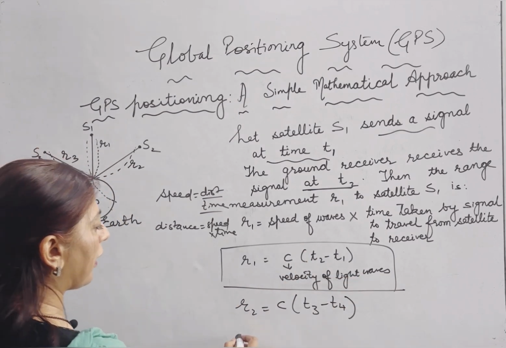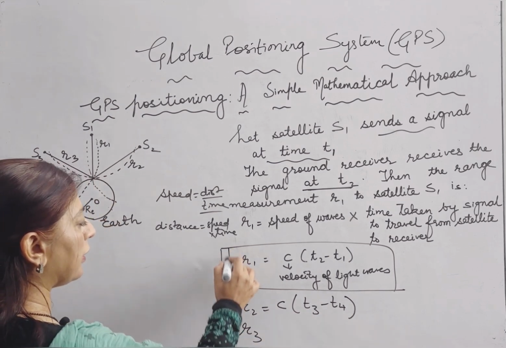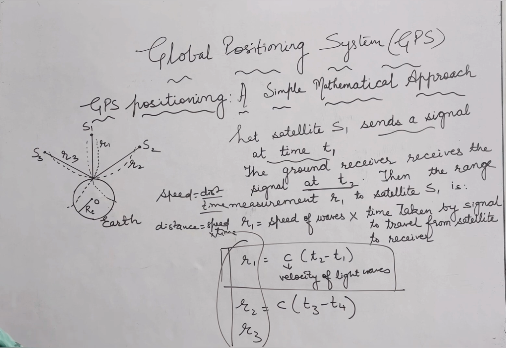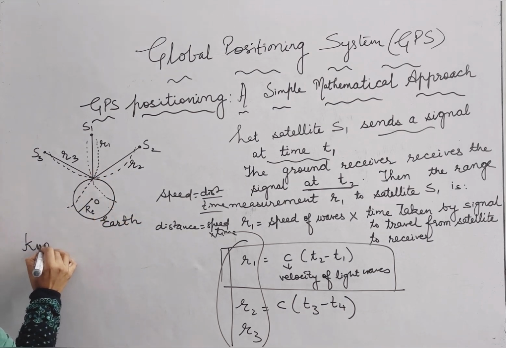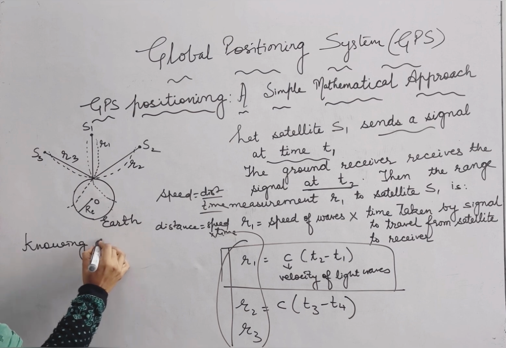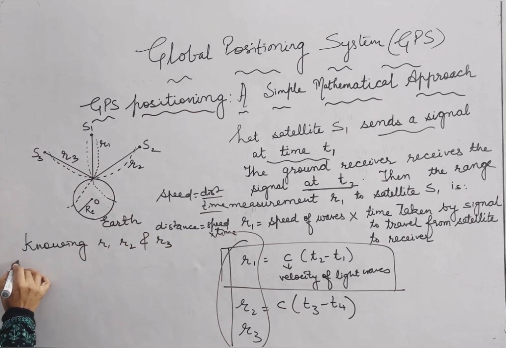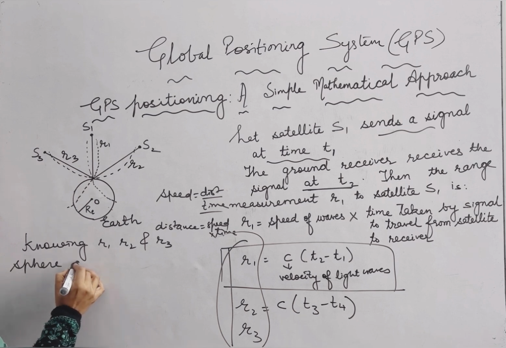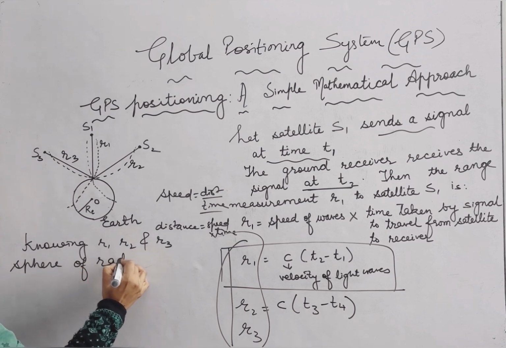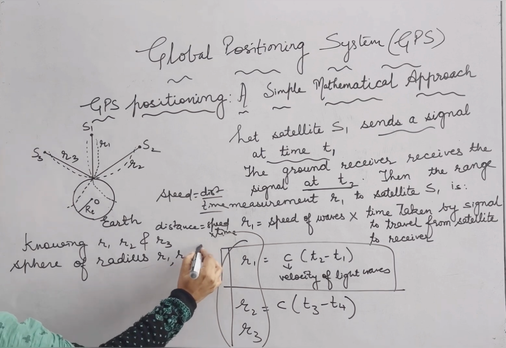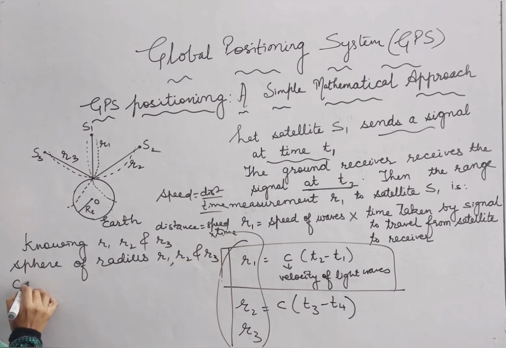Similarly, we can find out the range R3. Knowing these values R1, R2 and R3, spheres of radius R1, R2 and R3 can be drawn.